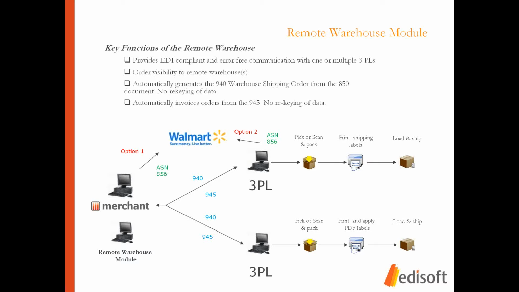Equally important, there is the automatic generation of the 940 warehouse order from the 850 document, and there's absolutely no rekeying of data. Furthermore, automatically through merchant, you can send an invoice from the detail on the 945. Again, there's absolutely no rekeying of data.